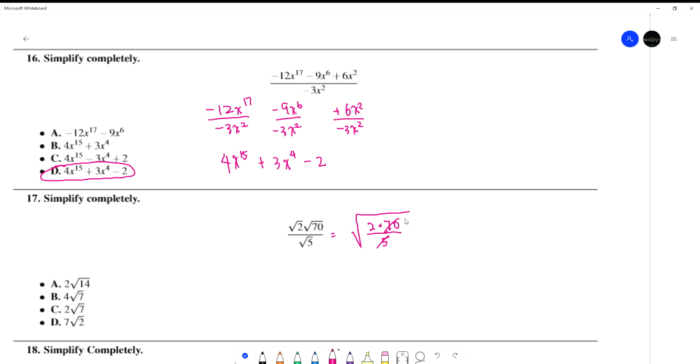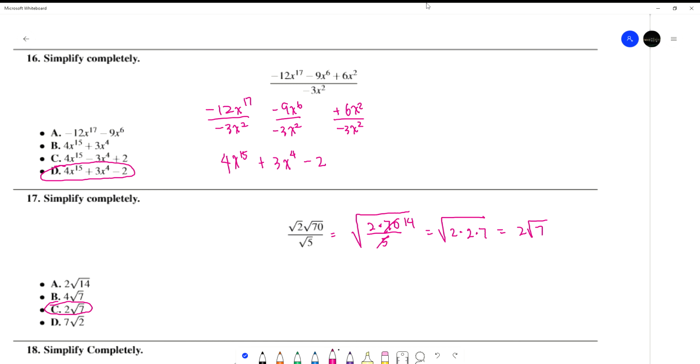So I could cancel this out and put 14. Now, what's remaining is 2 times 14, which I can write as 2 times 2 times 7. So I see that there's a 2 radical 7 there. And again, you can also type that into your calculator and get the correct answer as well.